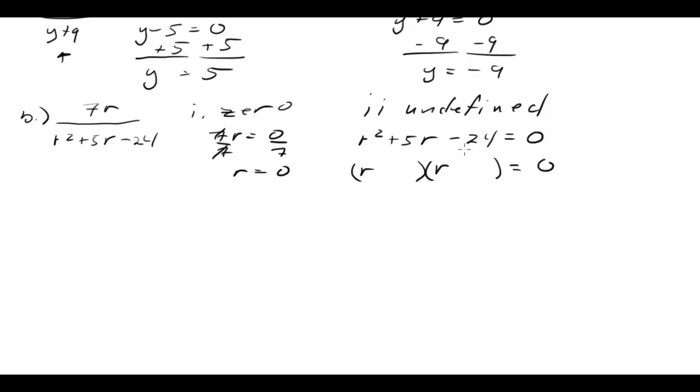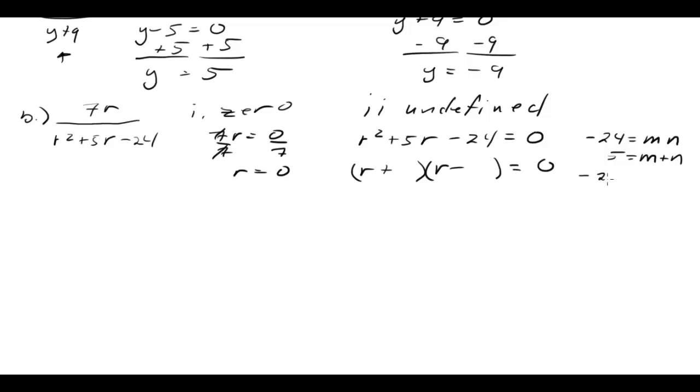When I multiply, minus 24 is going to equal the product of 2 numbers. So we want to find 2 factors that equal minus 24. Well, the only way that 2 numbers multiplied are going to give us a minus 24 is if one of them is plus and the other one is minus. So what are the factors of 24? And of course, the factors have to add up to 5.